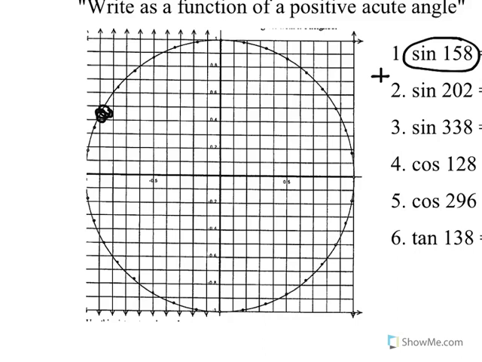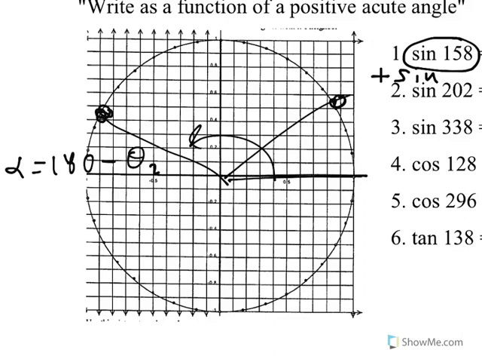And we're going to relate it to a reference angle, so it's going to be the same y-coordinate as sine of the reference angle. We have a formula for it: if the angle is a quadrant 2 angle, we do 180 minus that. So I end up with positive sine 22. And we leave the answer like that for now.